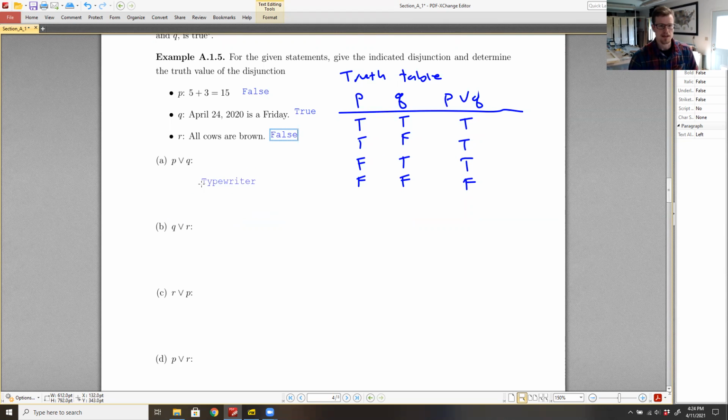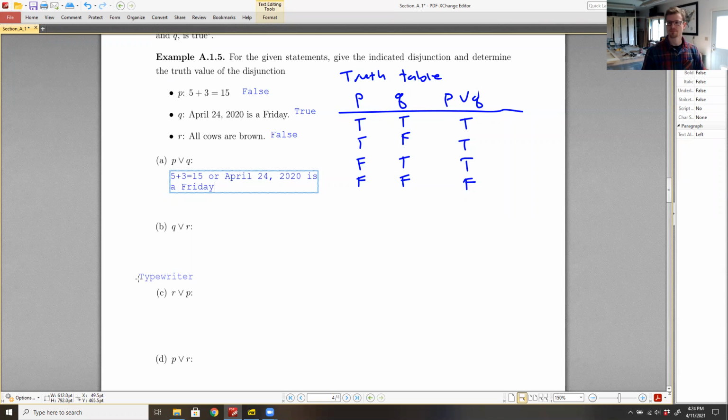All right, so let's take a look at the disjunction of these statements: P or Q. P or Q. So 5 plus 3 is equal to 15, or April 24th, 2020 is a Friday.